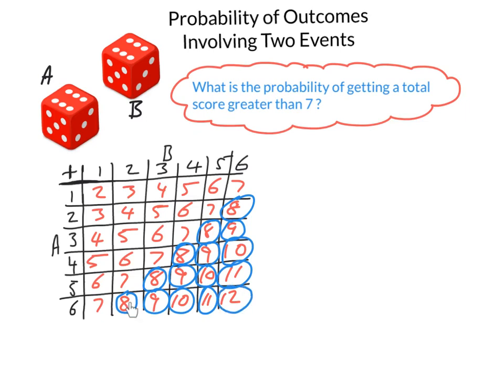So if we count these, we have 1, 2, 3, 4, 5, 6, 7, 8, 9, 10, 11, 12, 13, 14, 15 different ways out of a possible 36 outcomes. And again, we can divide by 3 here. 3 into 15 goes 5 times, and 3 into 36 goes 12 times. So there's a 5 in 12 chance of getting a score greater than 7.